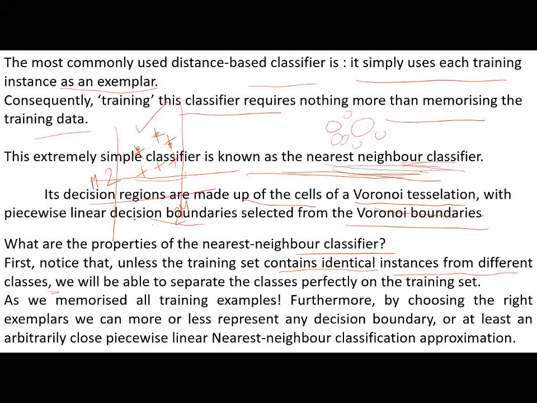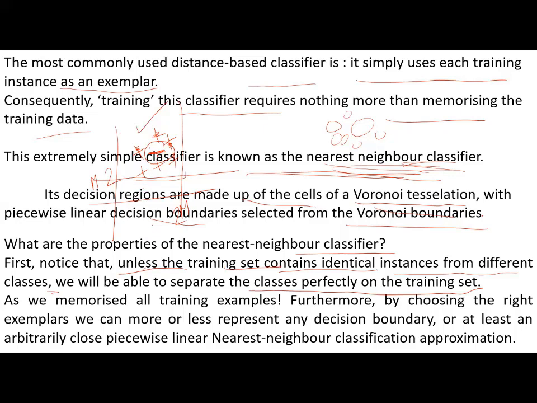If in our training data, suppose a minus comes here, then we may not be in a position to separate. But otherwise, we can easily separate, so we will be able to separate the classes perfectly on the training set, unless the training set contains identical instances. Identical means the same.